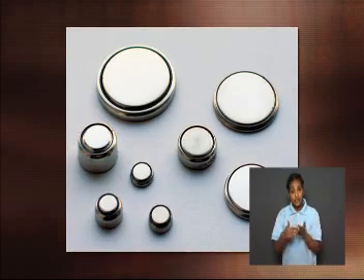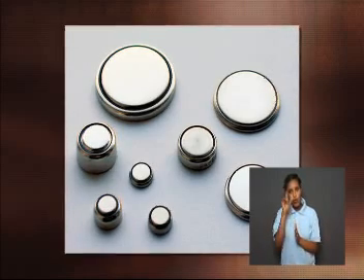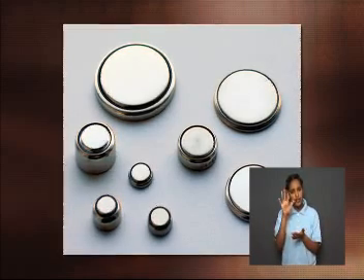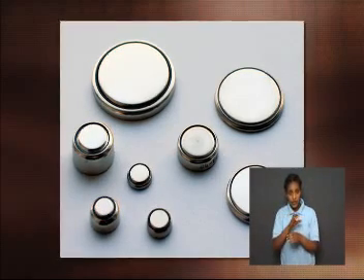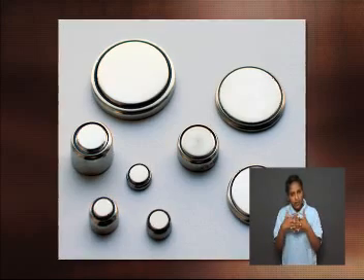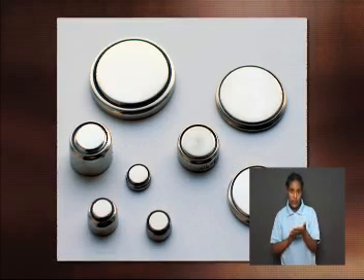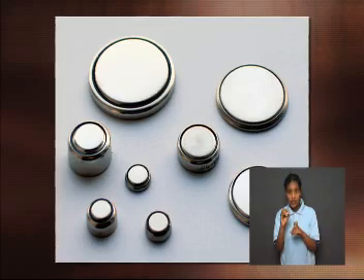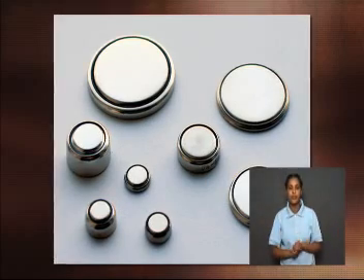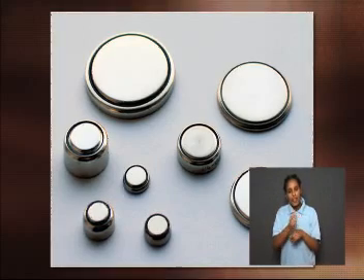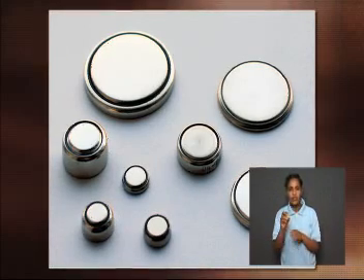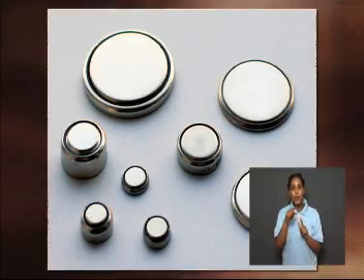This cell produces 1.35 volts. Mercury cells are often used in devices like calculators, cameras, and wristwatches. The anode in a mercury cell is metallic zinc, and the cathode is mercury 2 oxide.